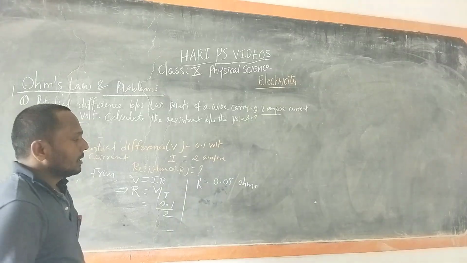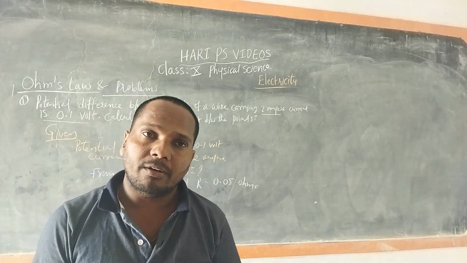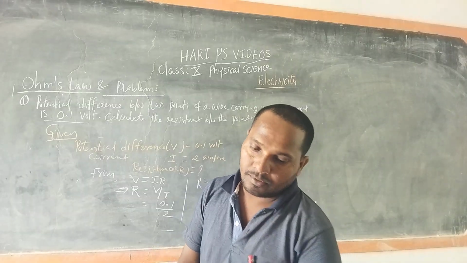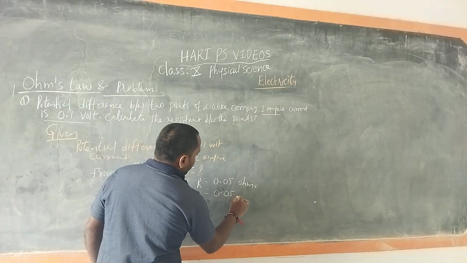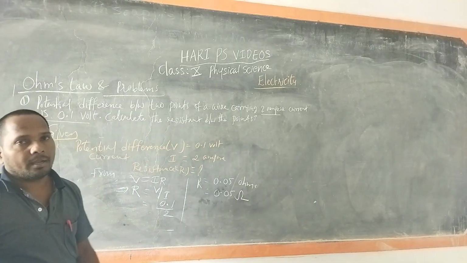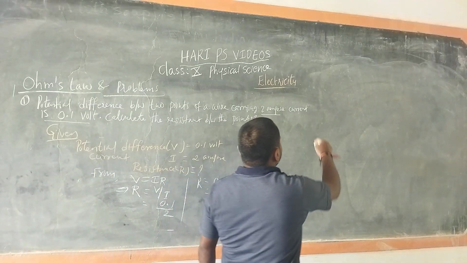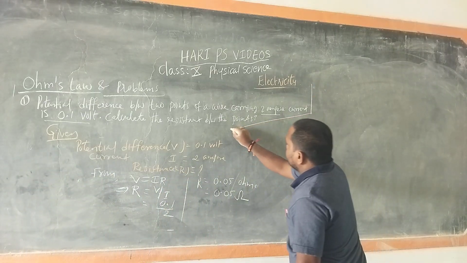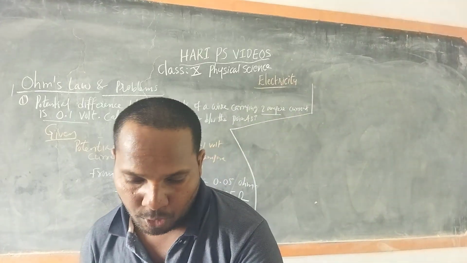Ohm is the SI unit of resistance, or you can write 0.05 omega. Simple problem. Then take the second problem. One more problem. These are simple only, no problem.